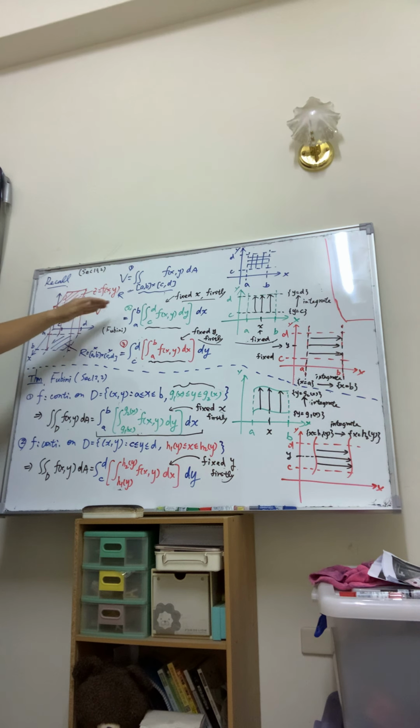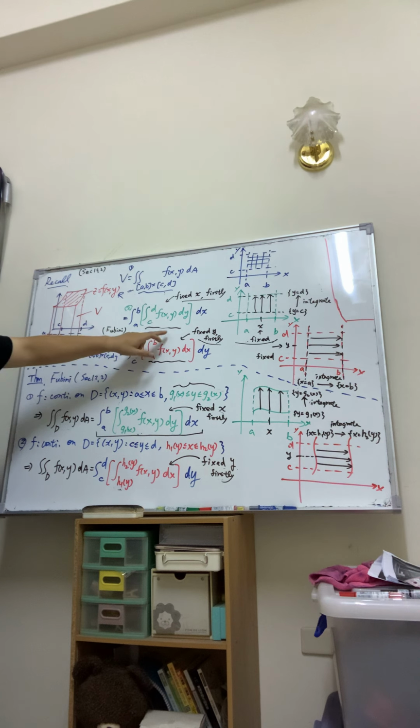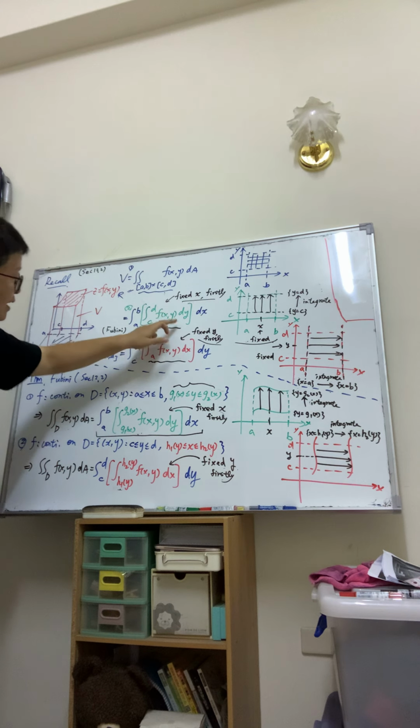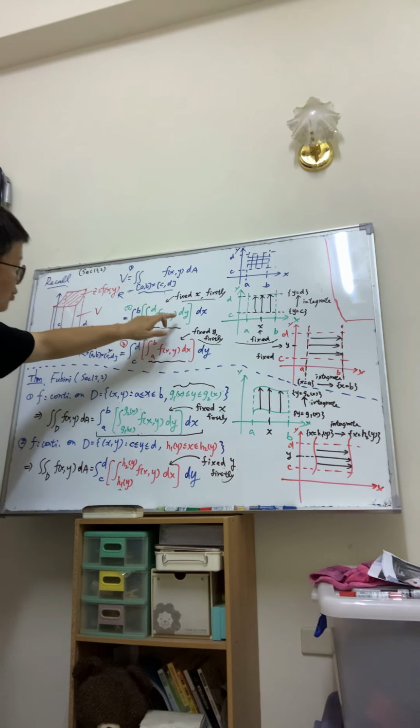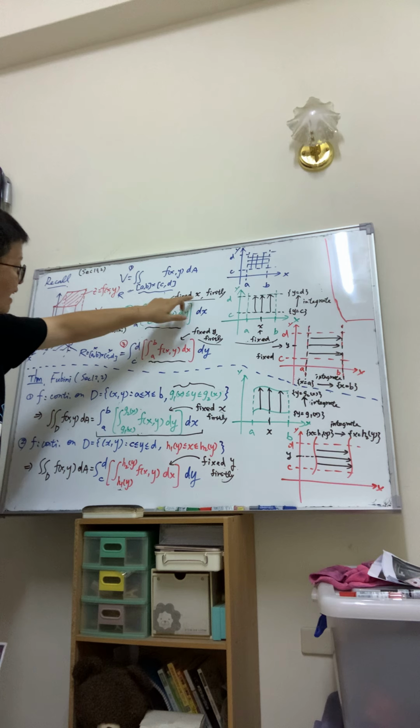And Fubini said that it's equal to this repeated integral, and it's also equal to this other repeated integral. But here, we integrate y firstly. When we integrate y firstly, what should we do? We should fix x, right?